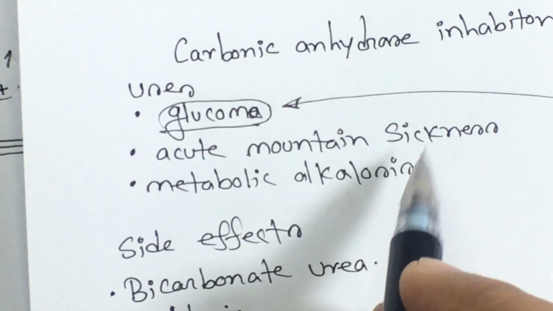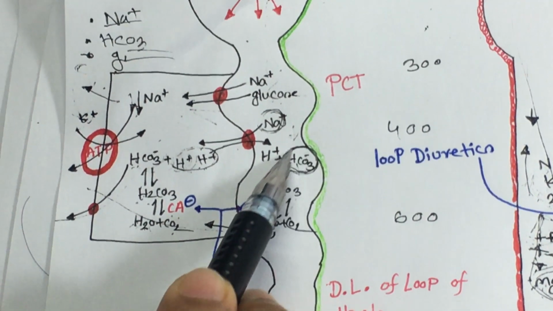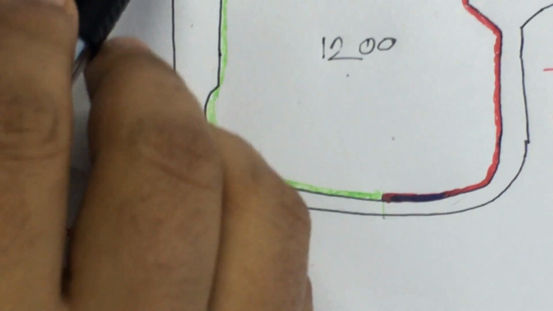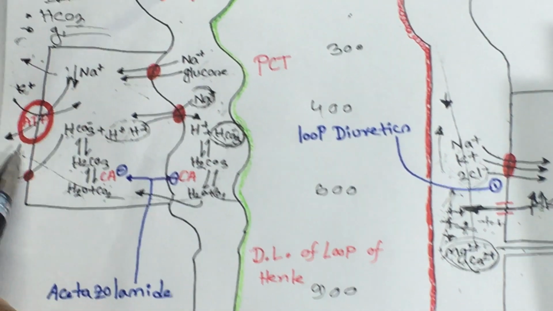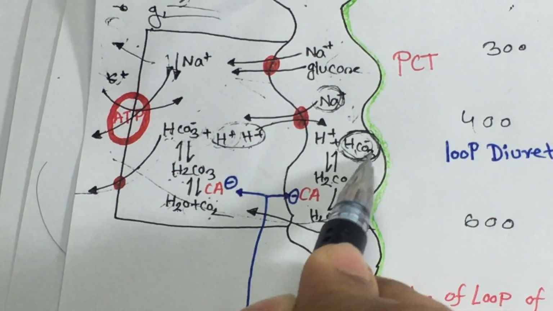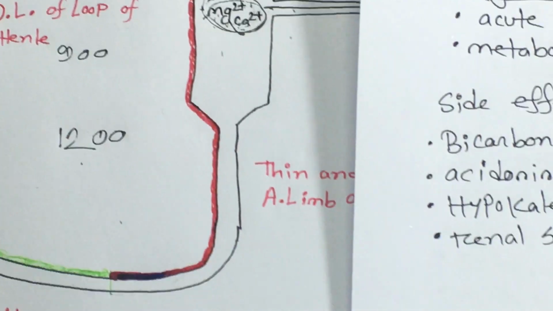And acute mountain sickness and metabolic alkalosis. Okay, as we are losing this bicarbonate, that means we are not reabsorbing this bicarbonate in our blood. So our blood bicarbonate level will be decreased, so it will be helpful in metabolic alkalosis.